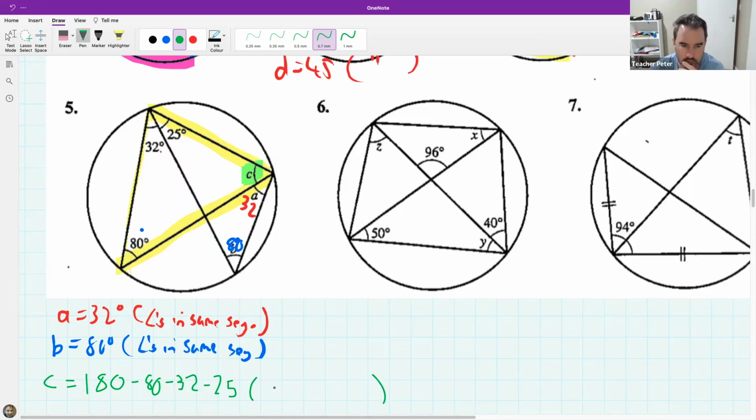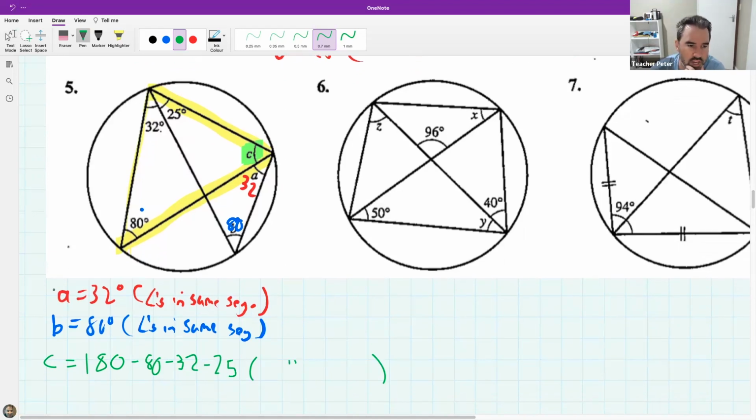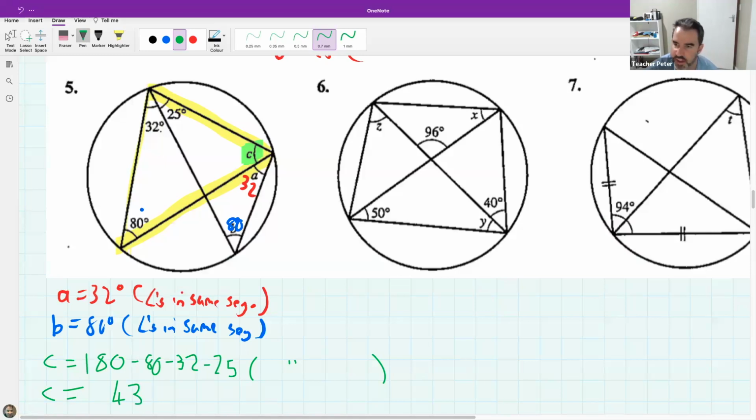I'm going to leave that reason blank for now, but just say sum of angles in a triangle. What do you get for C? Just pop it in the chat. Yeah, 43. Anyone else? Yep, there we go. Fantastic. Okay, so we've got 43 for that.